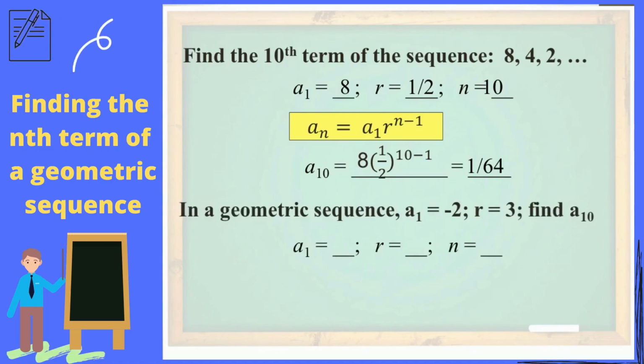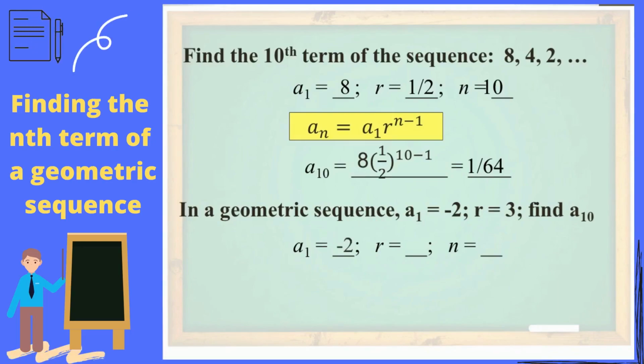Another example. In a geometric sequence, a sub 1 is equal to negative 2 and r is equal to 3, find a sub 10. So again, just like what we did in the previous example, we need to identify first all the given values.